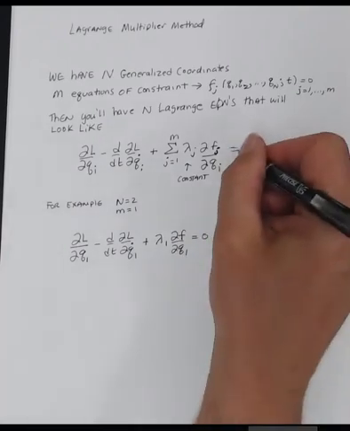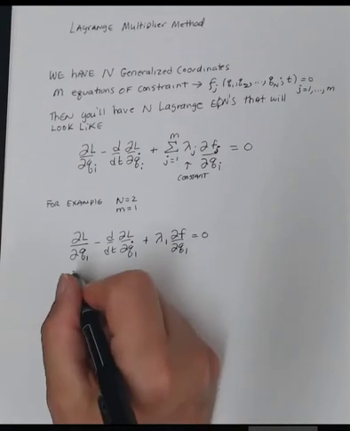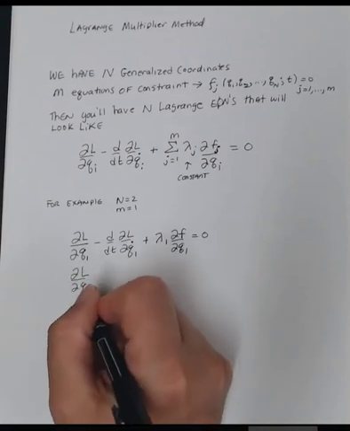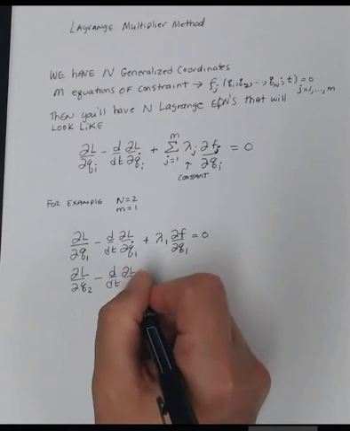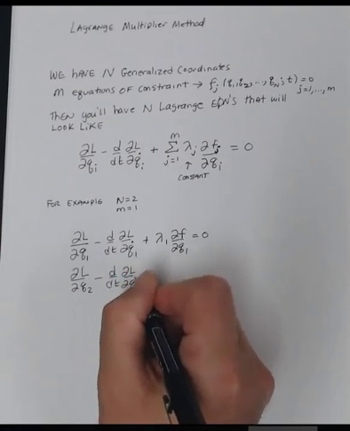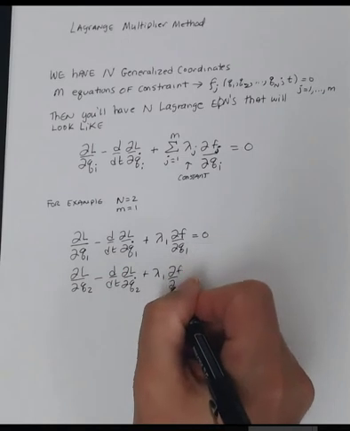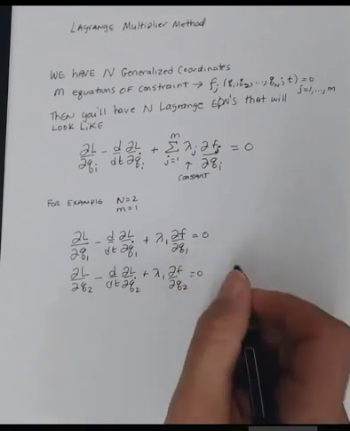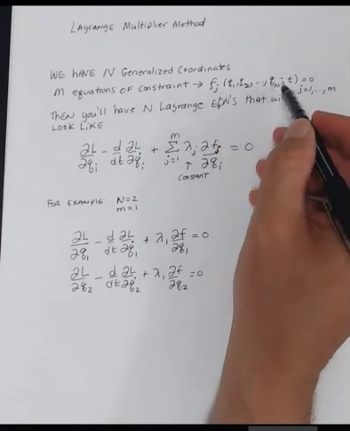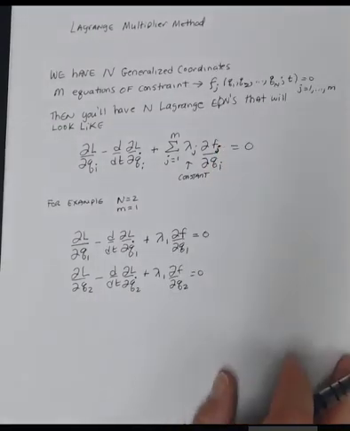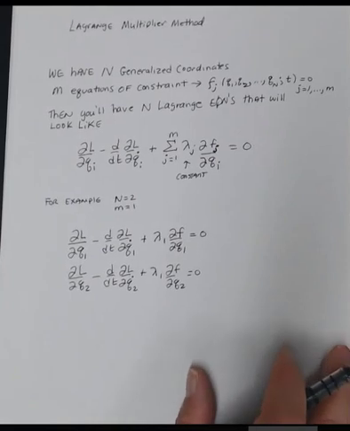I forgot to put equals 0 up here. And then we'll have another one for the other coordinate. And remember, the equations of constraint are written like this. Everything on one side of the equation equals 0. So these are for holonomic equations of constraint.